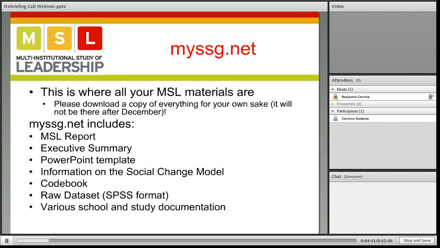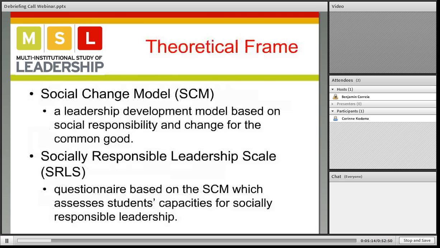Your raw data set is important, especially if you'd like to do further analysis, so make sure that you download that, especially if you want to work with institutional research in diving into that a little bit deeper. And then there is various school and study documentation. You should have all those materials on your myssg.net website.